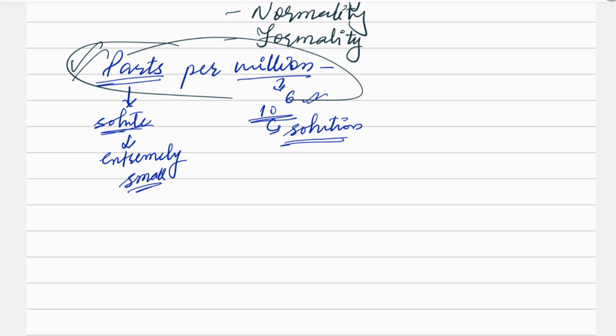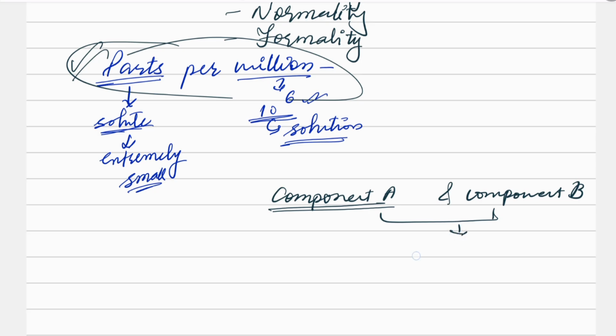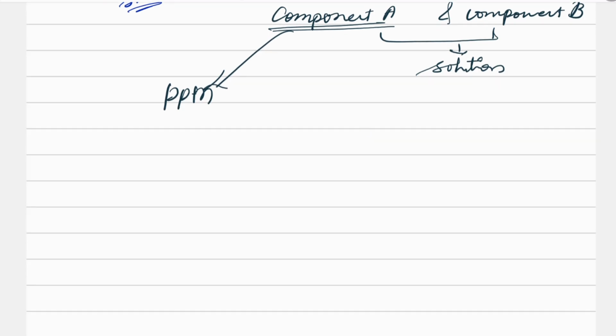So what is going to be the formula for parts per million? Suppose there are two components, component A and component B. This can be anything, and you are mixing them and making a solution. You have to measure the parts per million of component A, which is also known as ppm.